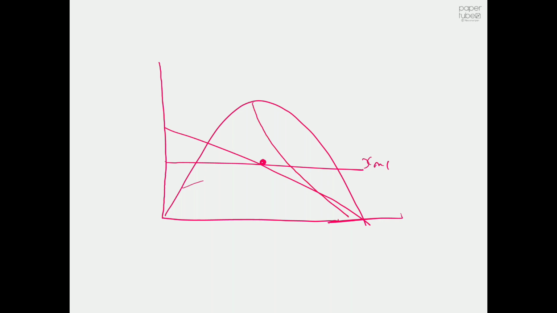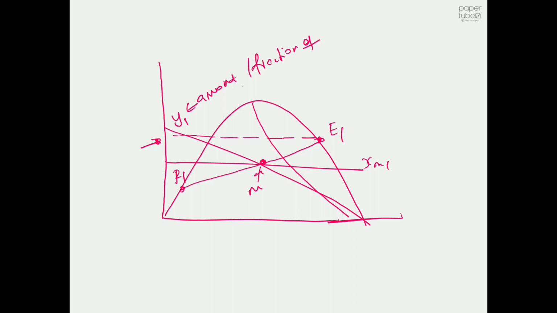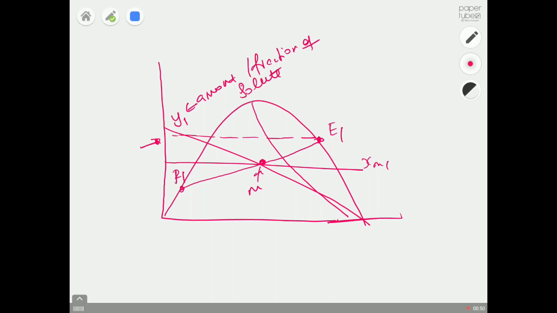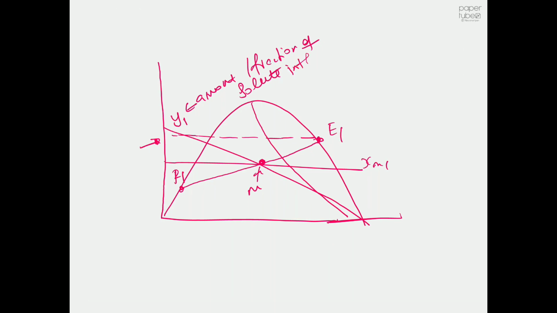From there we generated our tie line that cuts through this mixing point, and then we have E1 on the right side, R1 on the left side. So we just draw a line here. That one should give Y1, which is nothing but the fraction of solute in the extract.